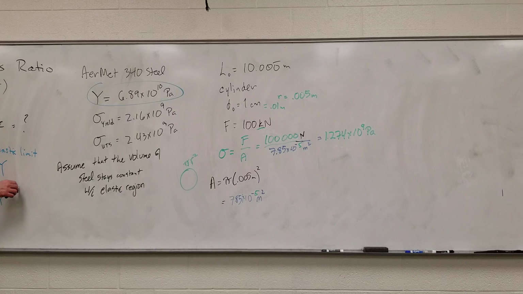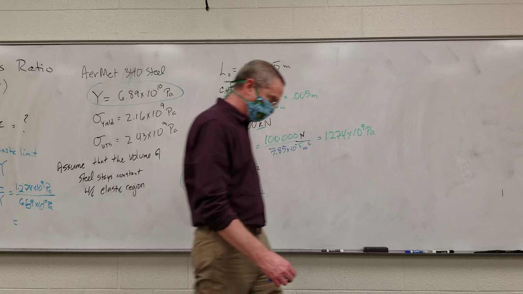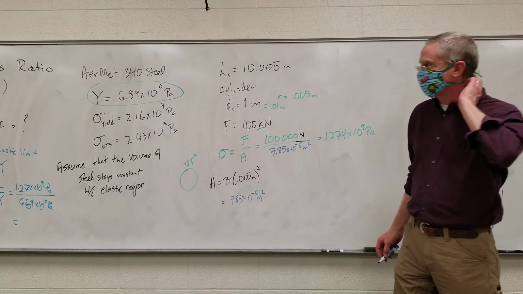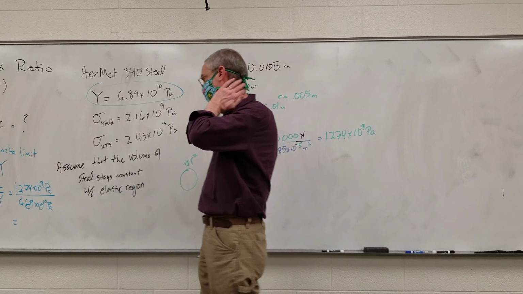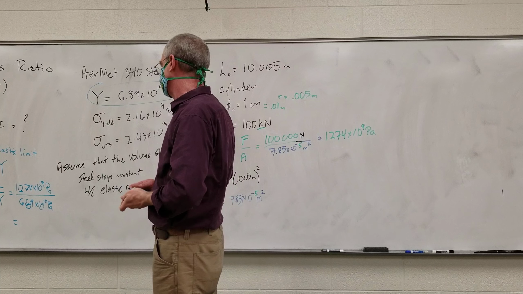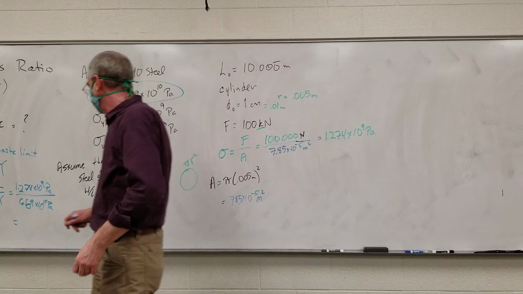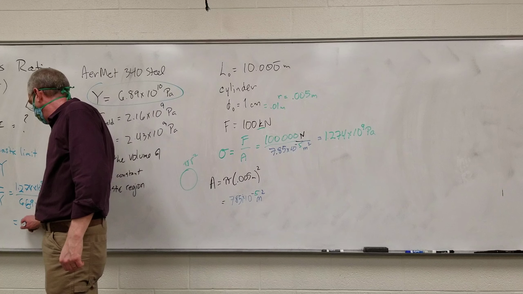So I have 1.274 times 10 to the 9th pascals divided by Young's modulus of 6.89 times 10 to the 10th pascals. I got 0.018.